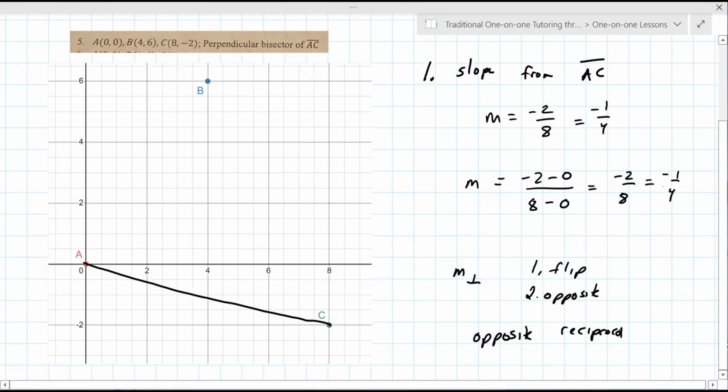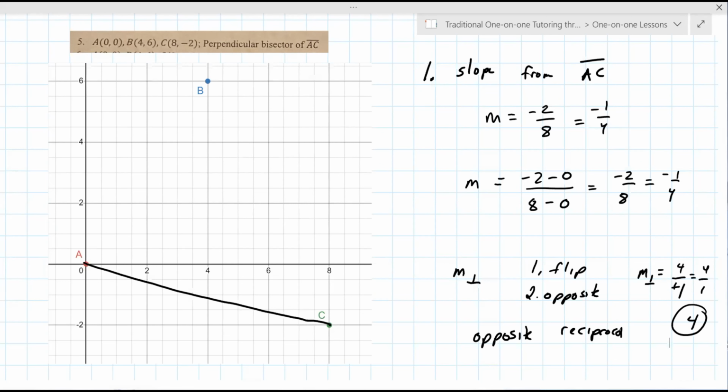In this case, it's a fraction, then you negate it. So the perpendicular slope here is 4 over -1, but then you negate it, so it becomes 4 over 1, or just 4. Okay, so that's for the perpendicular line.